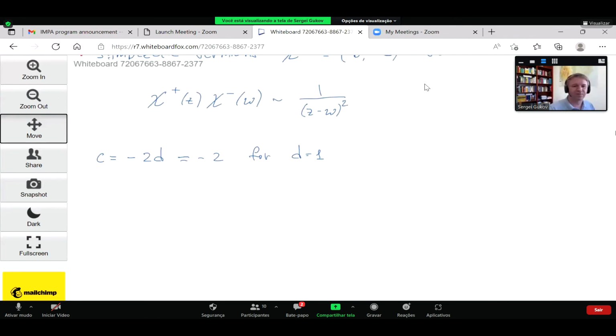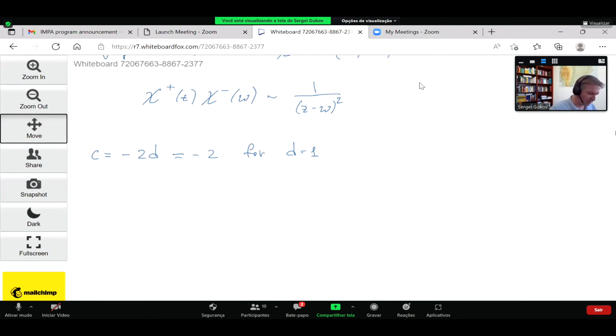And this happens to be exactly the same value of central charge as the triplet log VOA for p equals 2.